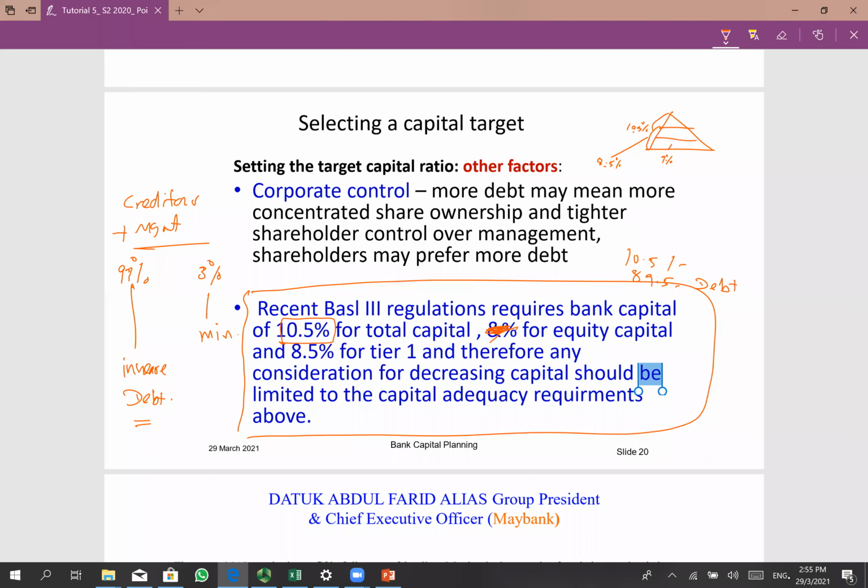And this actually decreases the room for leveraging. You can increase or decrease the debt within that limit, which means you can increase your capital to 20%, 30%, but you cannot decrease it under 10.5%. This is just to tell you that when we look at this, it's not obsolete. We have to have some consideration like this. So this is actually 8.5%. Equity capital 7%.